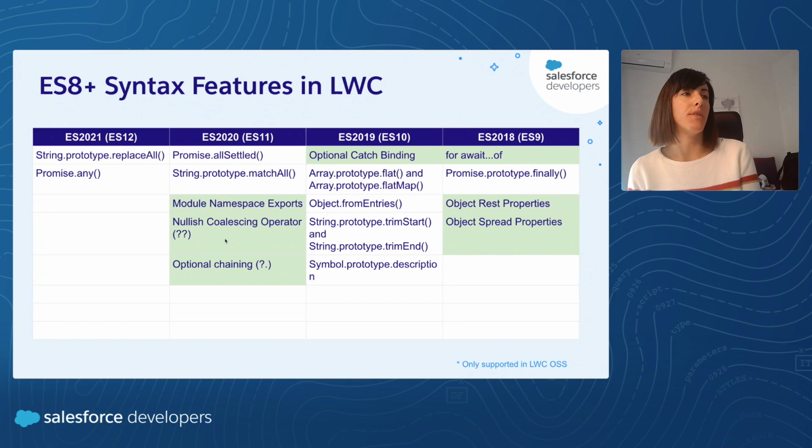For instance, optional chaining is equivalent to the safe navigation operator in Apex. You are able to use it as of today. But bear in mind that the browser in which your Salesforce instance is being visualized or your application is running needs to be able to understand this, which is often the case if you are using a modern browser.